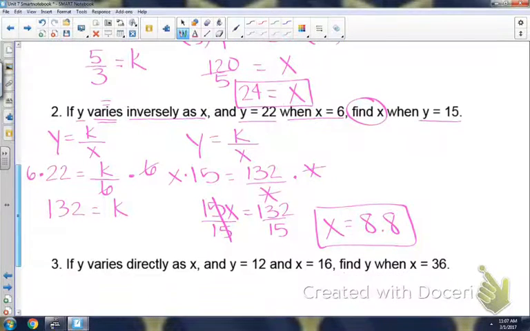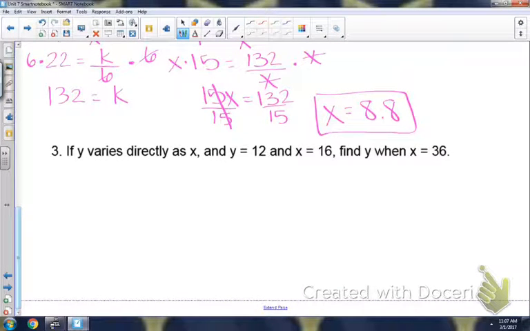Okay, let's take a look at 3. It says if y varies directly as x and y equals 12 when x is 16, find y when x is 36. So it says directly, so we're going to be multiplying. So y equals k times x.